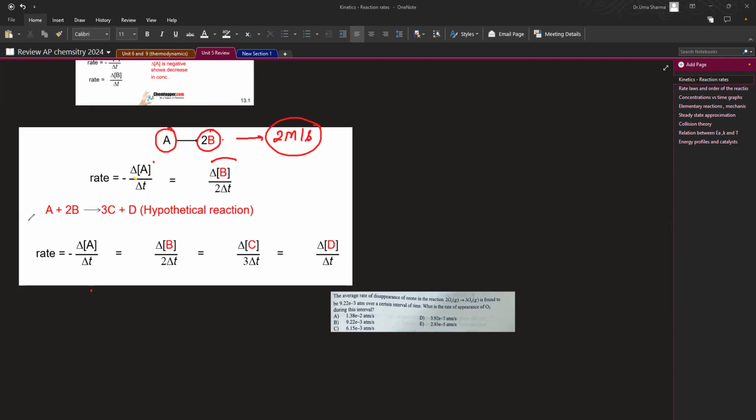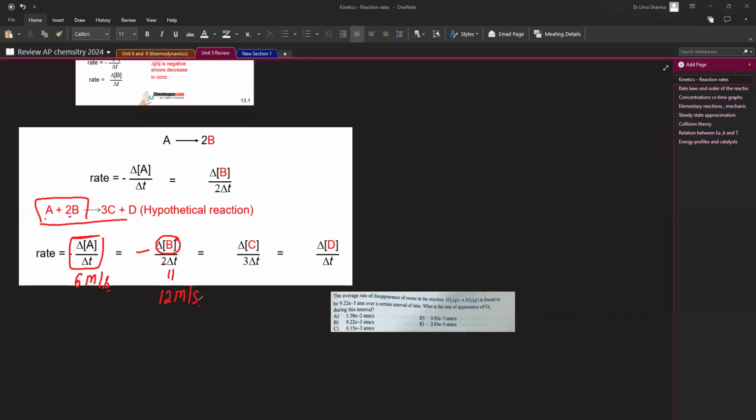Okay, and if we have a complicated equation like this, so many coefficients, then whatever is the rate of disappearance of A, let's say it is 6 molar per second. Can you tell me what is the rate of disappearance of B? Yes, look at the equation. Don't worry about this part. What will it be? 12 molar per second.